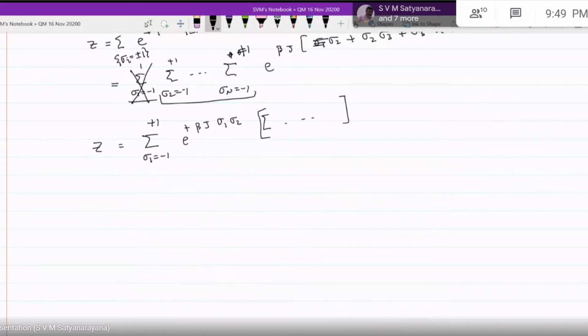Correct? So that means this summation will be e to the power beta J sigma 2 plus e to the power minus beta J sigma 2. This is what it will be. Correct?